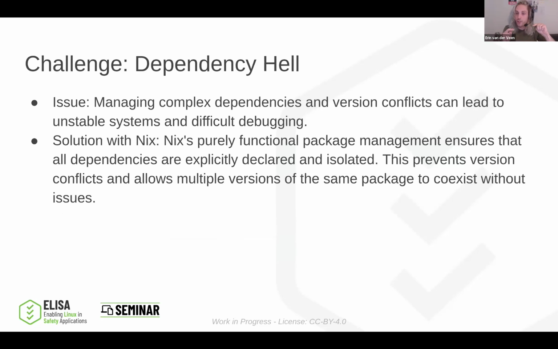That means that there's never this issue of I need to install a certain version of a package before I can build my own, or, oh no, I have two versions of the same package that I need to install at the same time. Because there's nothing written in the FHS. So Nix never looks at standard locations for files, except for bin sh.